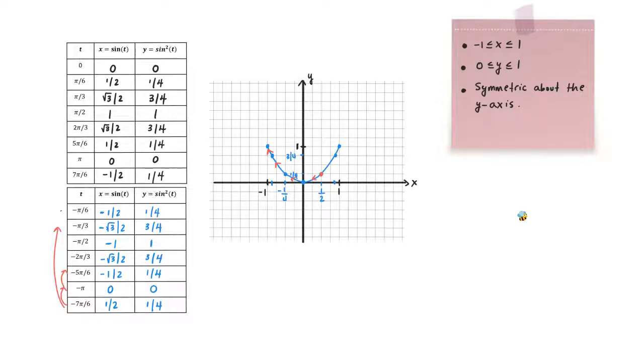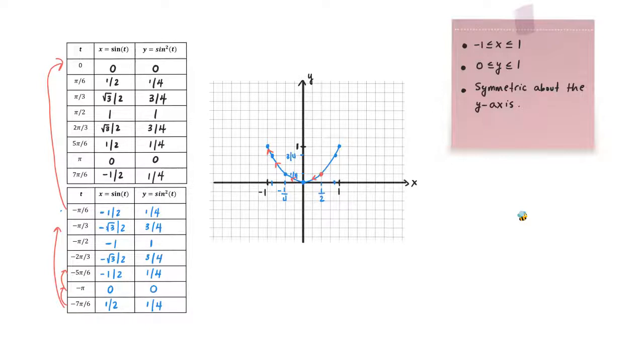Then when I transition to the positive t values, if I am at -π/6, the next one will be 0, right? Because we want to be able to go in order. From -7π/6, we're going to -π, -5π/6, we're getting closer and closer to the origin. Once we get to here, let's go to 0.